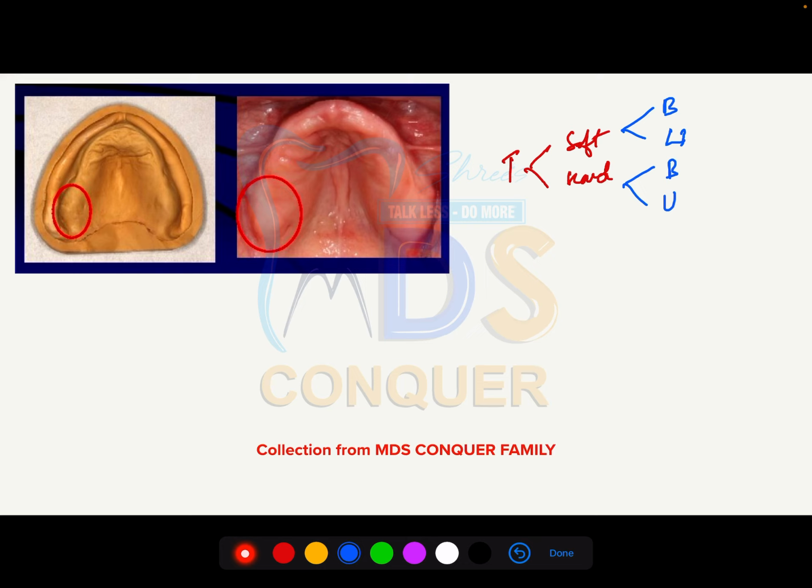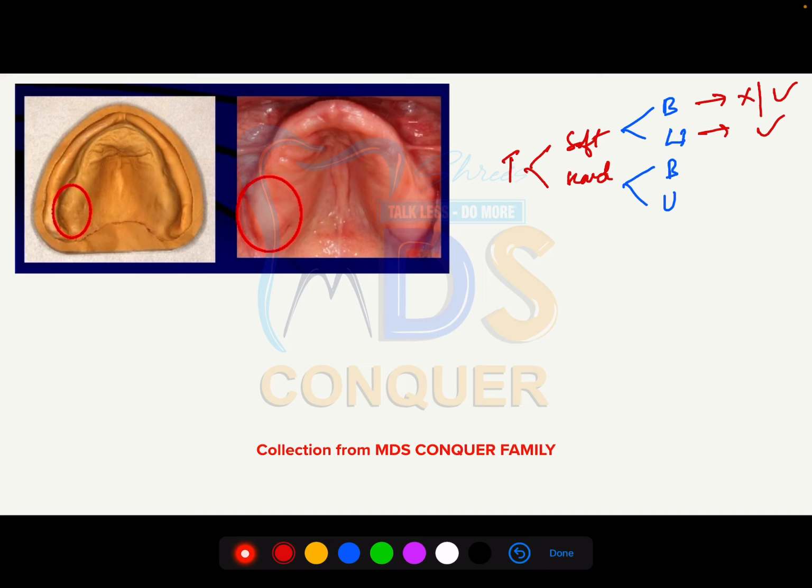In most cases, these tuberosities hinder the retention of the denture. If it is bilateral, you have to remove one tuberosity and keep the other, because the other acts in retention. Unilateral you can keep, because it acts as retention. Bilateral, you remove one and keep the second, because if both remain it is very difficult to insert the denture.